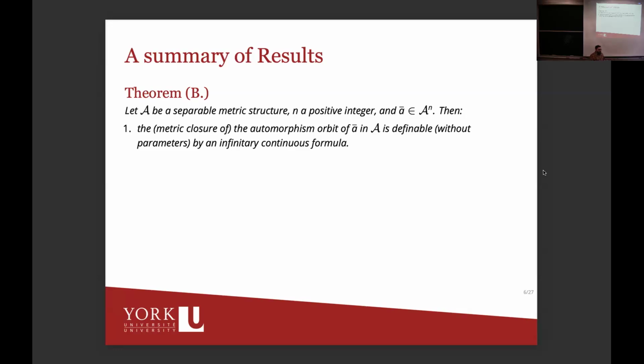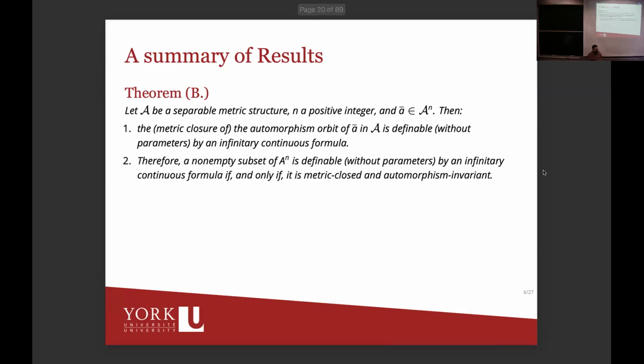Now, if you know the automorphism orbit of any tuple, it turns out that basically everything that could be definable is definable, i.e., the definable sets of a separable metric structure are exactly those that are metric closed and automorphism invariant. You should know that definable sets are automorphism invariant. I'll talk about why I can only define metric closed things when I get there.